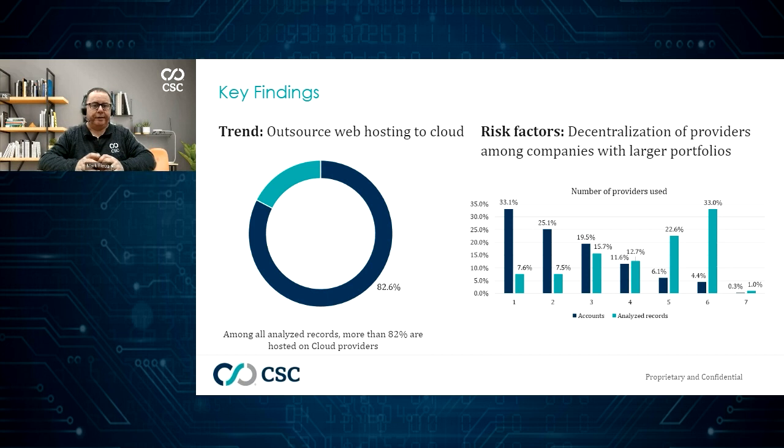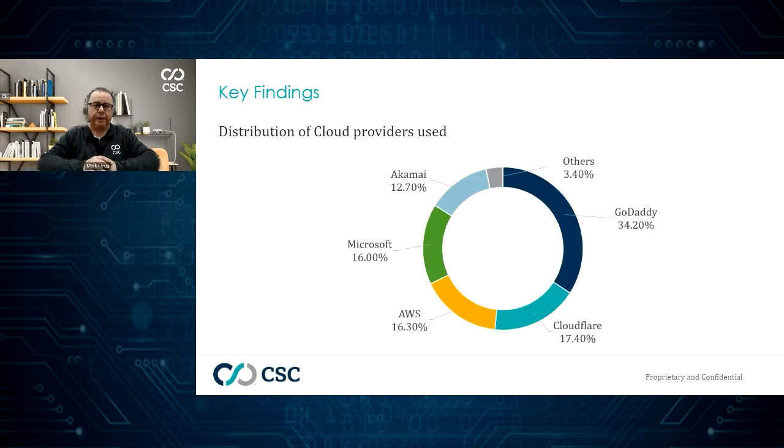Cloud providers, it's like back in the old wild west days of domains. It's like, all right, we'll use Cloudflare, we'll use Akamai, we'll use AWS, we'll use Microsoft. And that's kind of borne out in this illustration here. We've got a lot of cloud providers with a relatively even split.